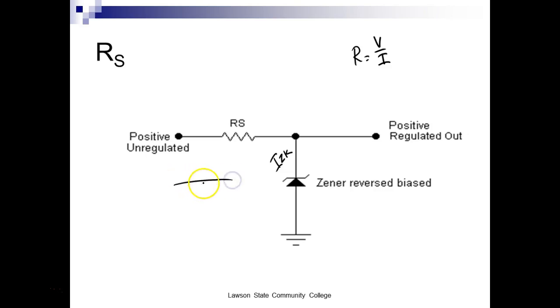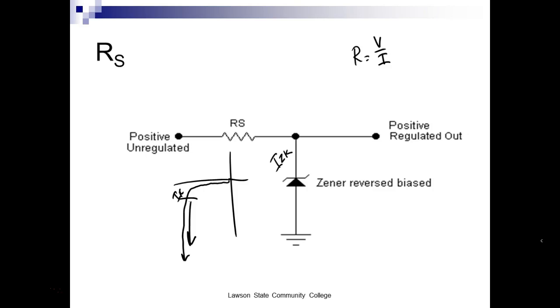We're trying to make it move this way, guys. Here's IZK, and we're trying to operate it in this direction and not burn it up. We're talking about our input voltage. We're going to use the lowest. So we want the lowest voltage that that resistor would ever drop, right?